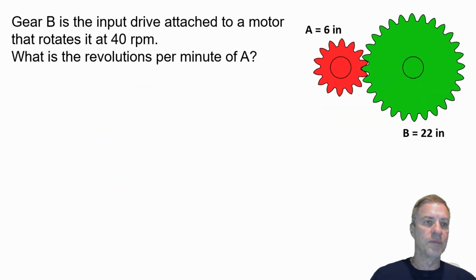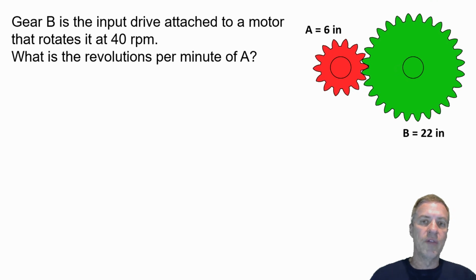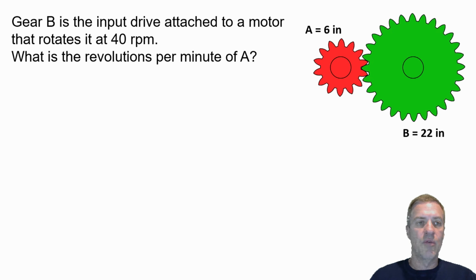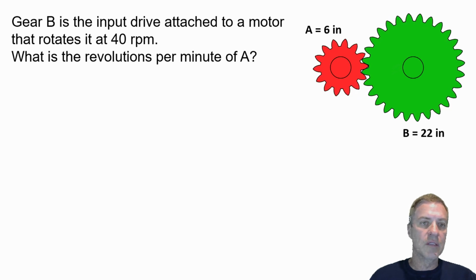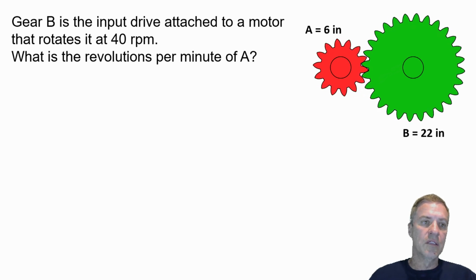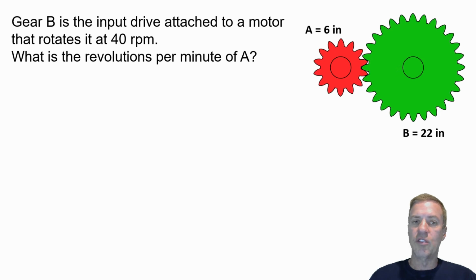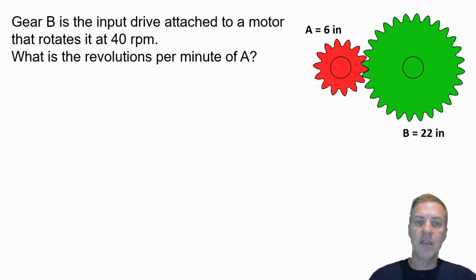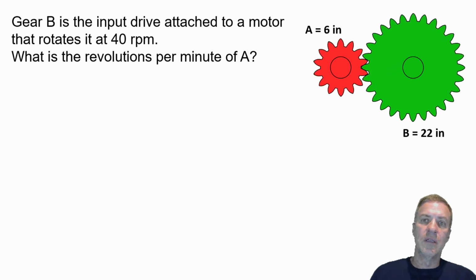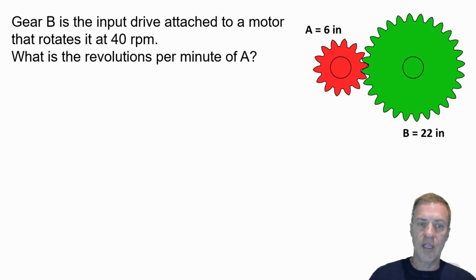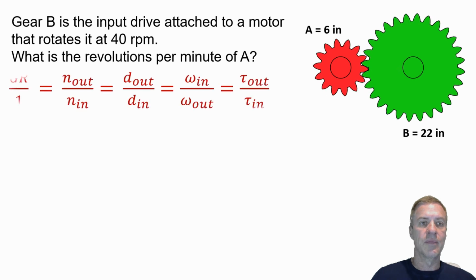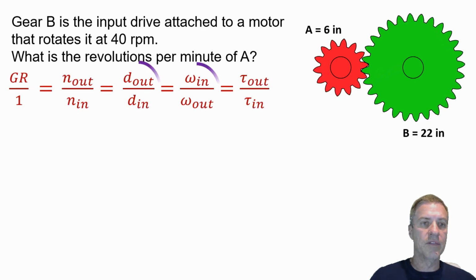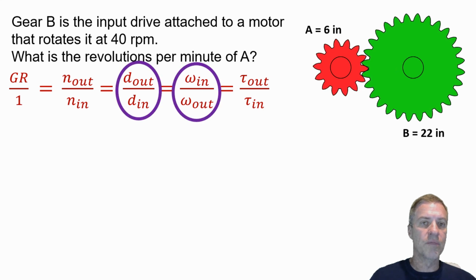All right, let's look at one more. On this one, we've got the larger gear driving the smaller gear. And we've got the RPM of 40 going in. So we're looking at the revolutions per minute going out. So since we've got the larger gear going in, the smaller gear should be spinning faster if we do our calculations correctly. Again, we look at our ratios, we look at what we have and what we're looking for.